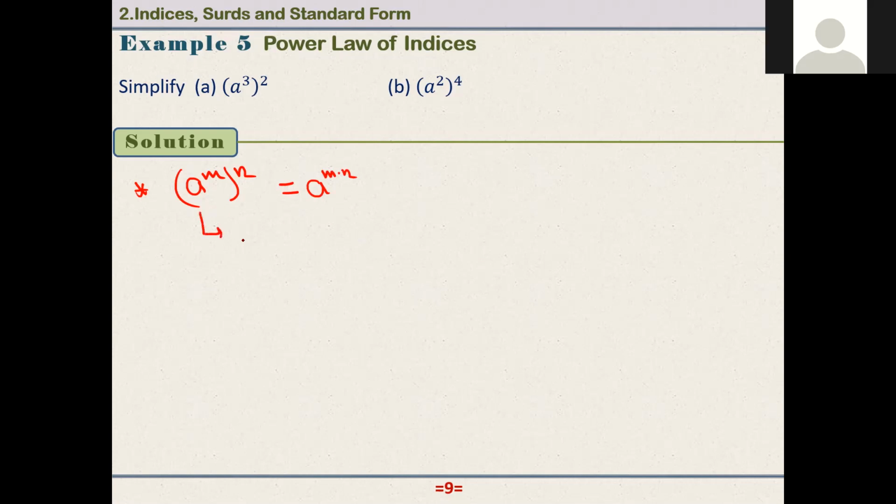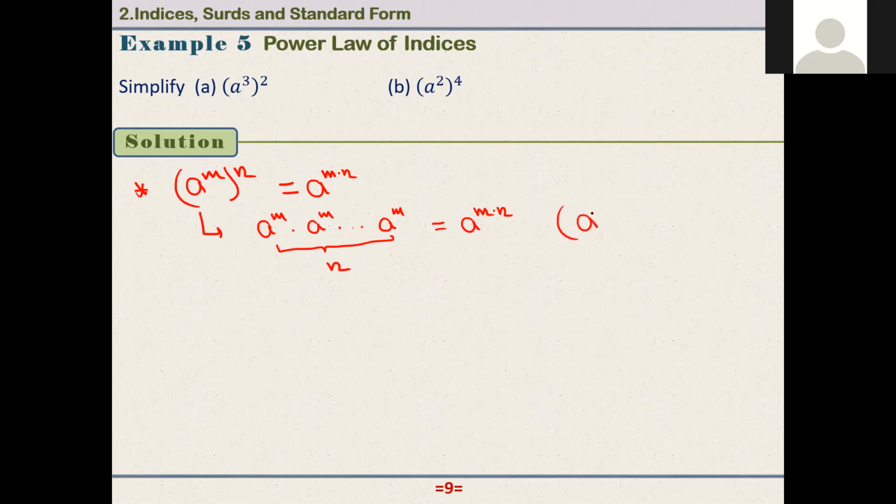Because by definition, a to the power m to the power n means a to the power m times a to the power m times dot dot dot a to the power m, something to the power n. So how many a to the power m's do we have here? n, right? Here we have m plus m plus m, we're just adding using the definition.